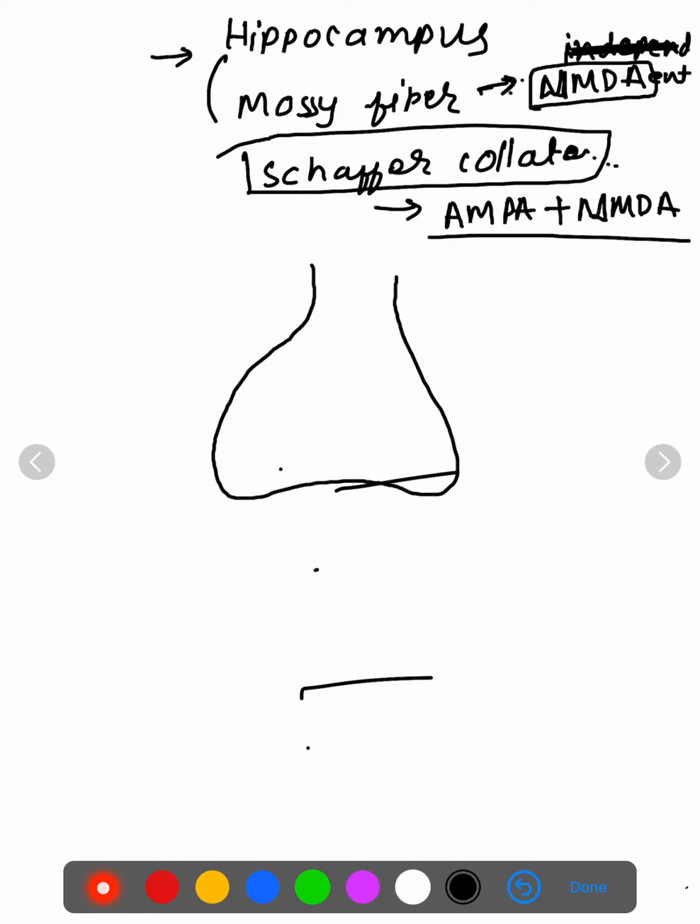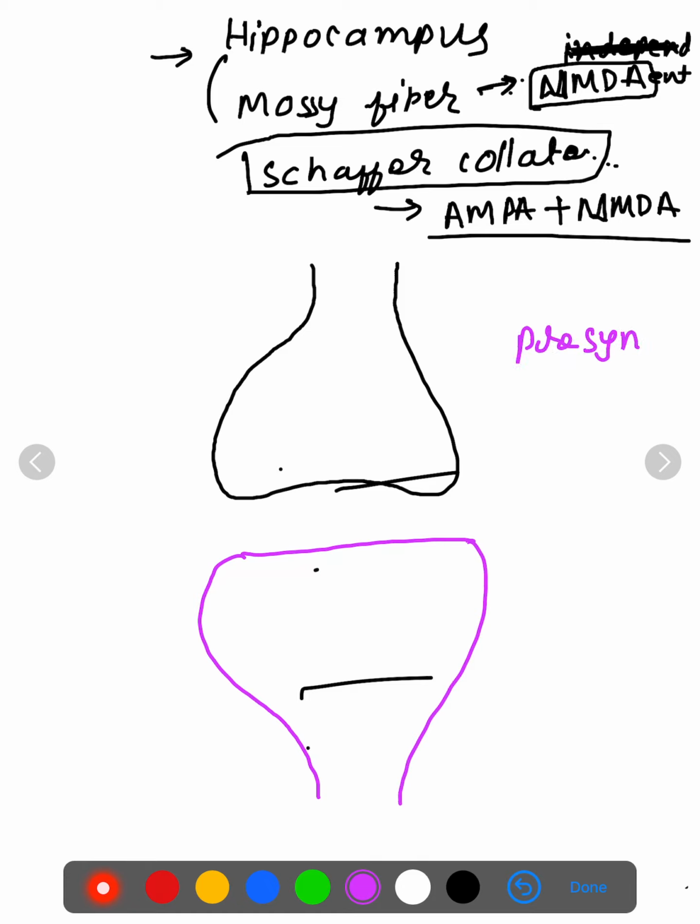See, this is a presynaptic terminal and this is the postsynaptic terminal. Where are we studying this? We are studying in the Schaffer collateral.